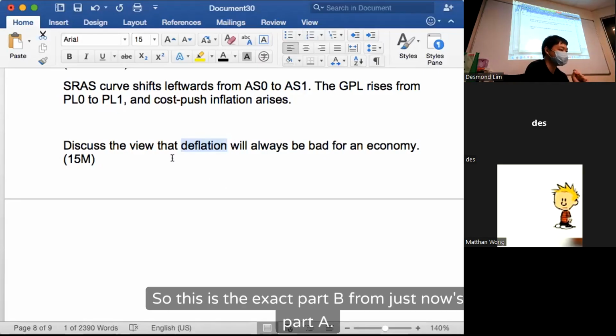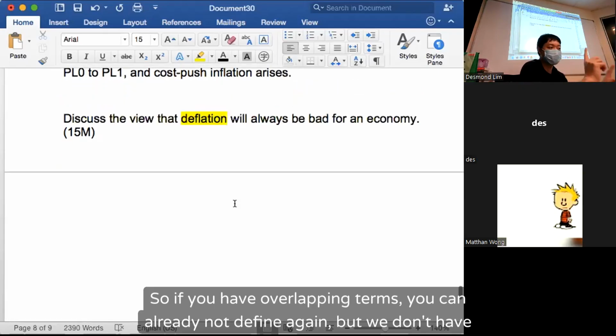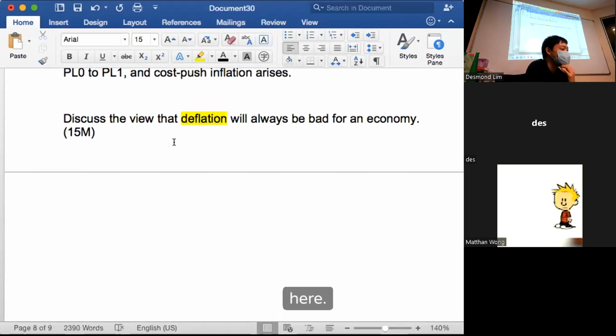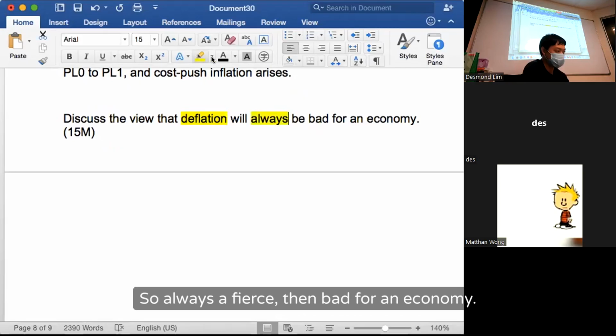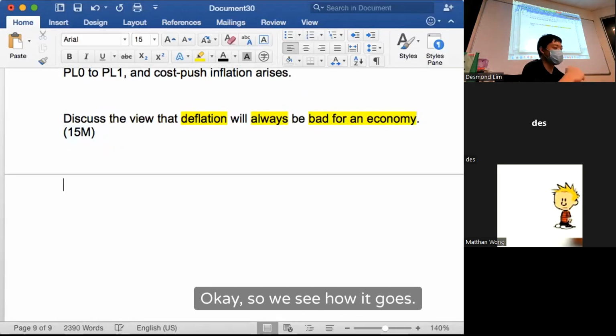Okay. So this is the exact part B from just now's part A. If you have overlapping terms, you can already not define again, but we don't have here. So discuss the view that deflation will always be bad for an economy. Okay, so we see how it goes.